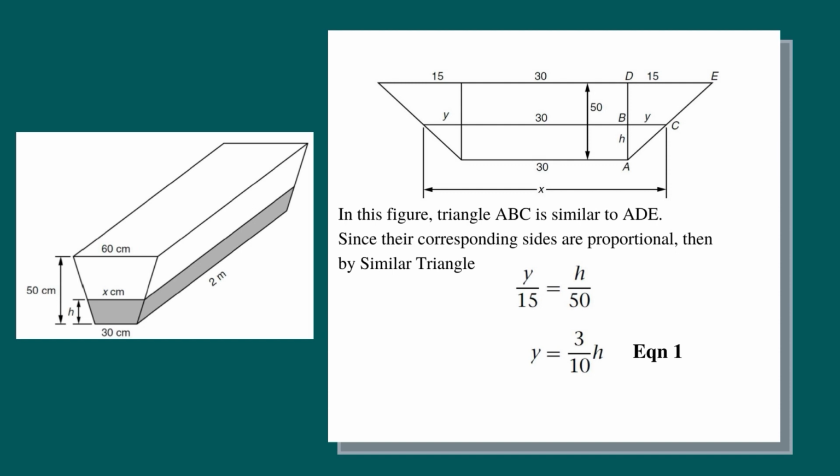So y over 15 equals h over 50. Simplifying this would give us the equation y equals 3 over 10 times h, an equation of y in terms of h. So we will use this equation to eliminate y later.